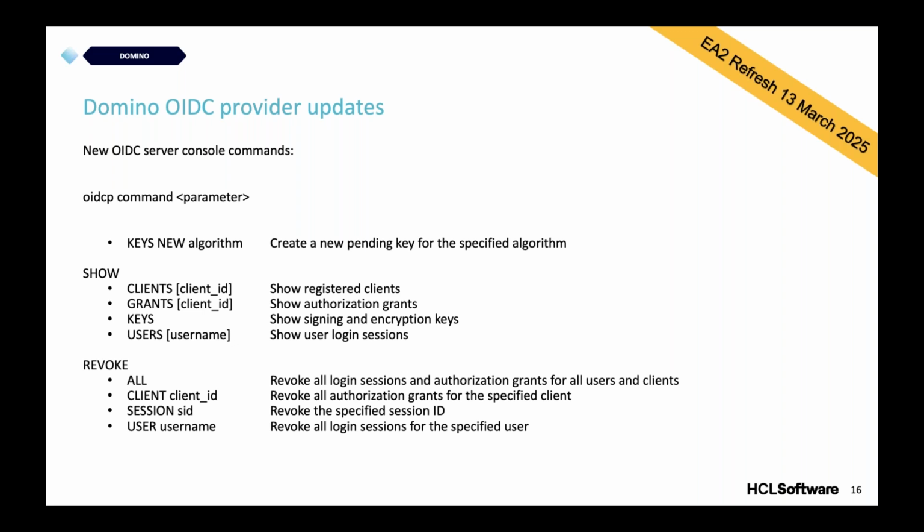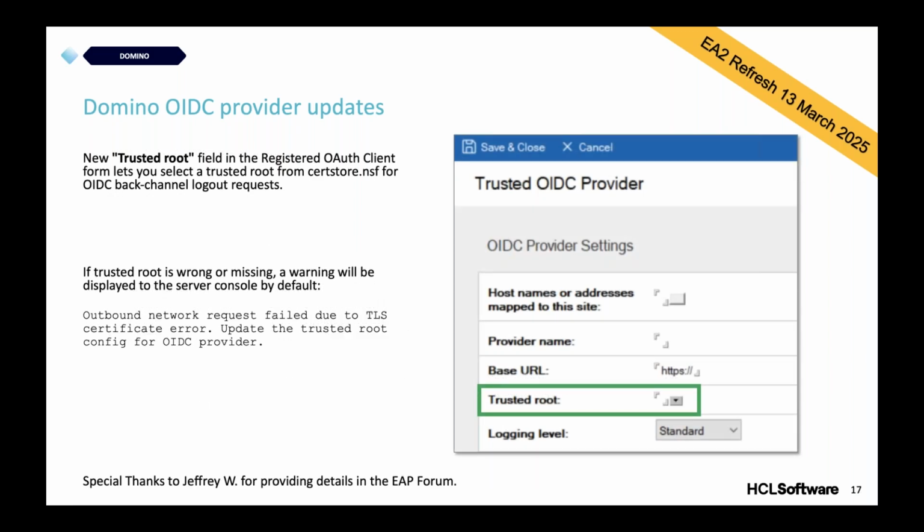The other way around, when Domino is using another remote identity provider, on the next slide, there was a situation that was identified by one of the beta testers, the early access program testers in our forum. Jeffrey, by the way, thank you for that.